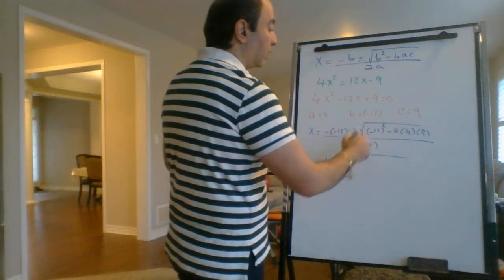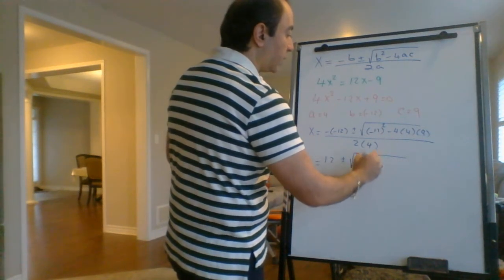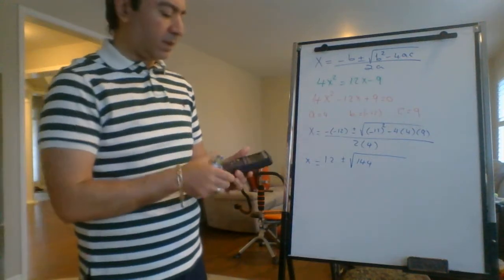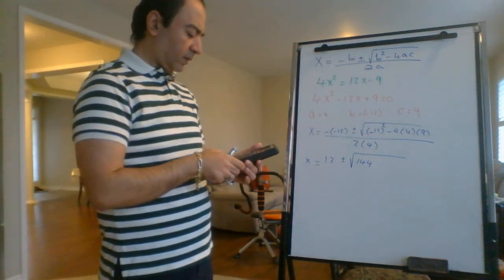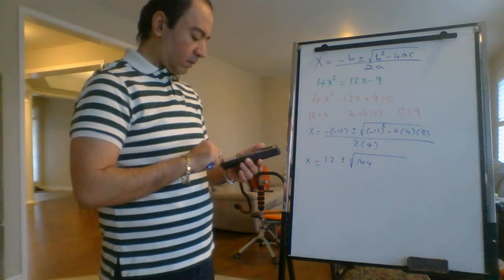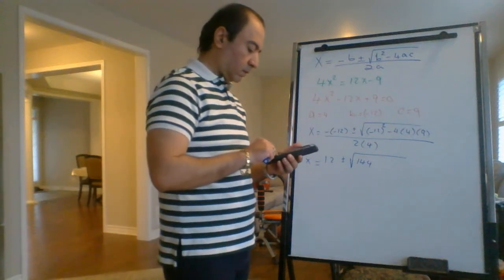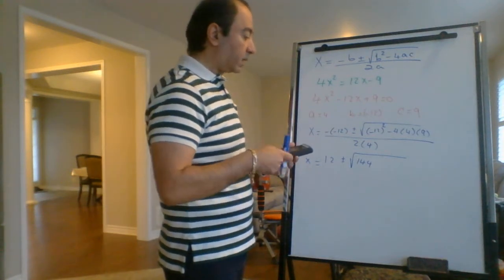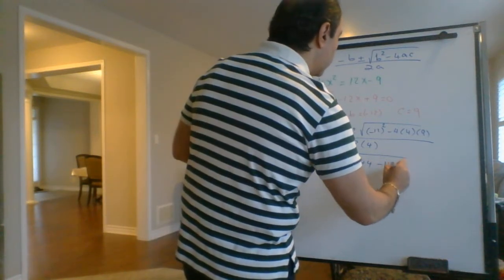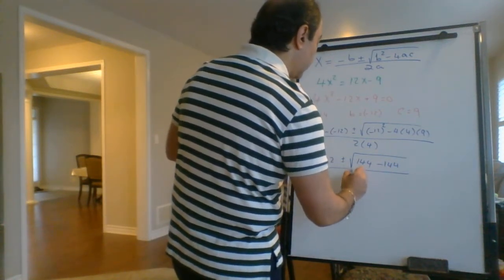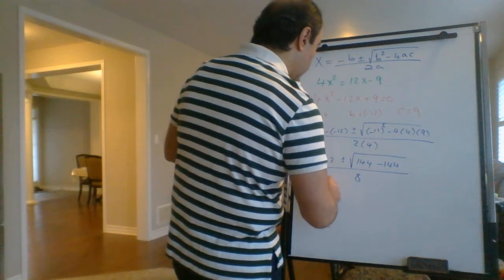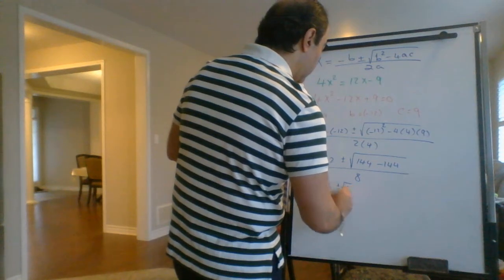So square of negative 12 is 144. Negative 4 times 9, negative 16 times 9 is negative 144, everything divided by 8. So this is 12 plus or minus square root of 0 over 8.